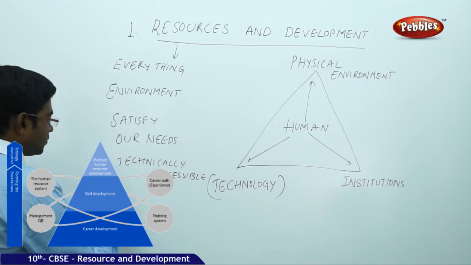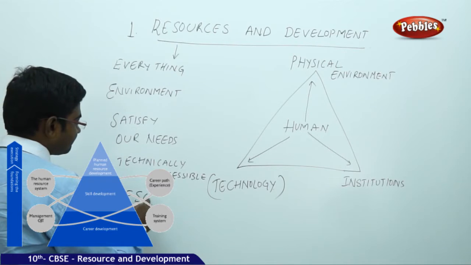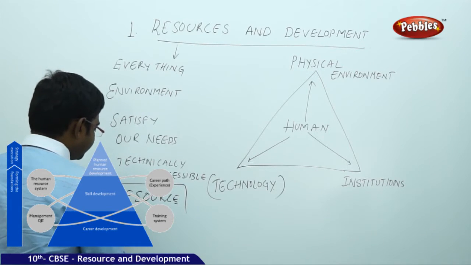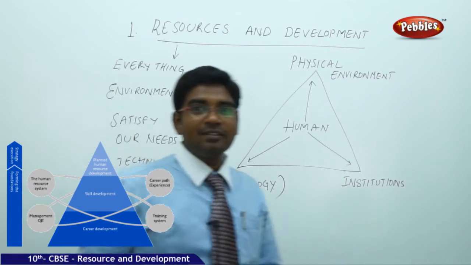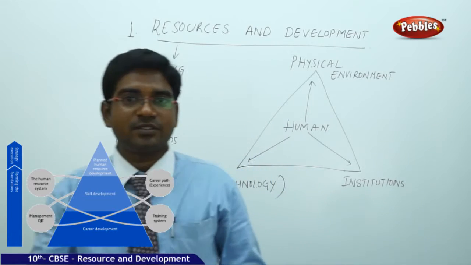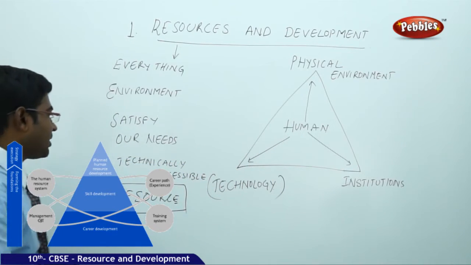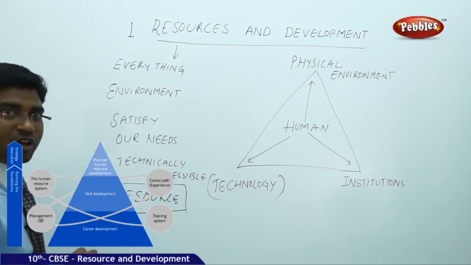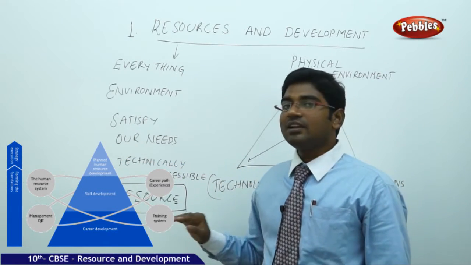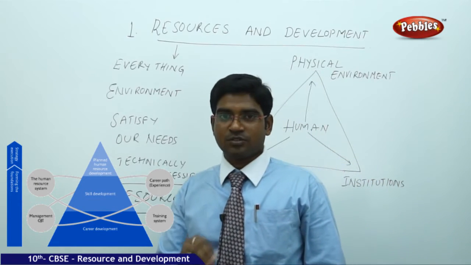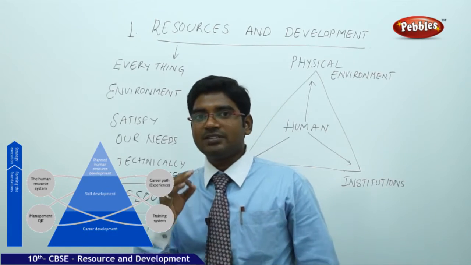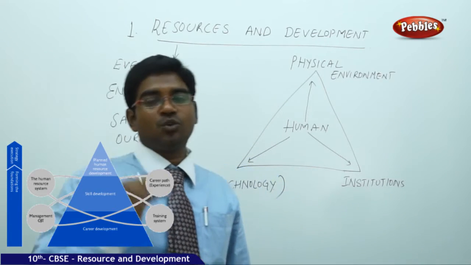So a resource can be broadly categorized into anything that is available for us in the nature which can be used to satisfy the needs of human beings, and at the same time we also have our requirements and our accessibility in the technical sector. That also should be at the affordable cost. So that is the fundamental meaning of the word resource.